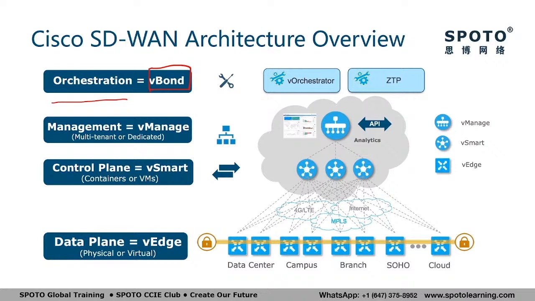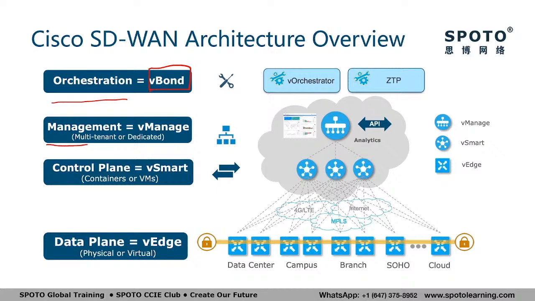This solution can be designed and deployed to support multi-tenant. When the vEdge is onboarding, it needs to know who is the right vSmart it should talk to. In this case, it talks to vBound first, and you will get the right information you are after.